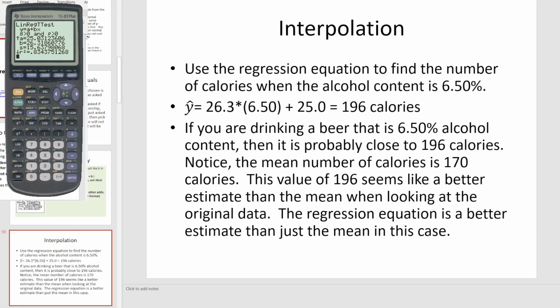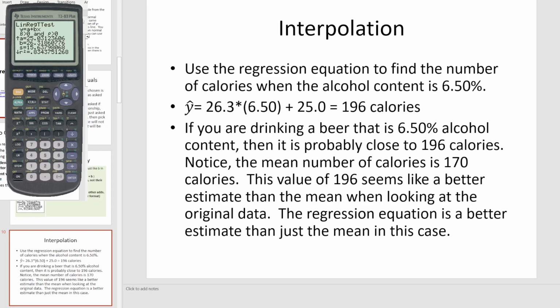If we are asked to use our regression equation to find the number of calories when the alcohol content is 6.5%, we would just plug 6.5 into our equation, and we would get 196 calories. So if you're drinking a beer that is a 6.5% alcohol content, then it's probably close to 196 calories.